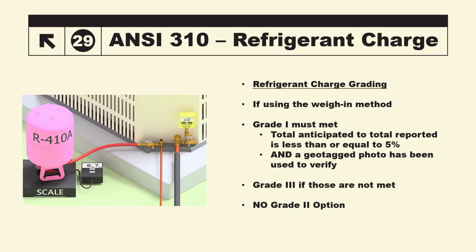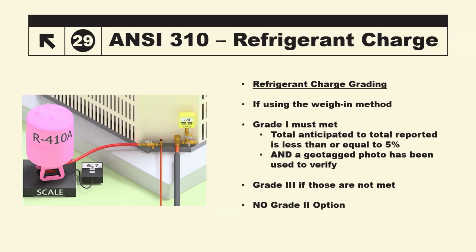But again, this is why we do a report card of the system. If the line set is shorter, or if the line set is longer than the refrigerant that's in the system accounts for, then when those valves are open, you're either short or overcharged on the system, and that has to be tested and verified. So total weight added in and or removed by the tech needs to be documented.